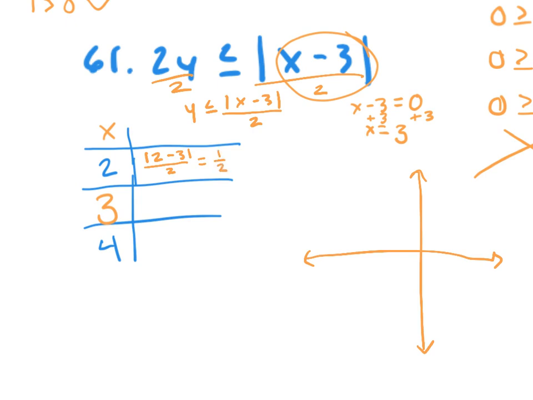So we get a 1 on top and 2 on the bottom. So 1/2. So what's our point here? 2, 1/2. So don't be afraid when you see fractions. It's just 1/2. So we go to the right 2 and up 1/2.